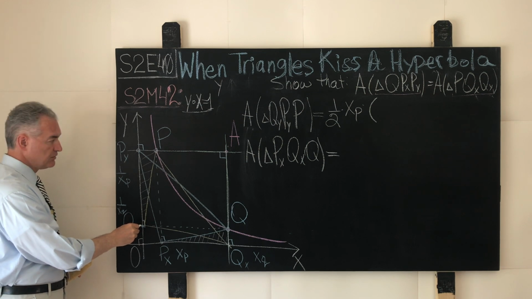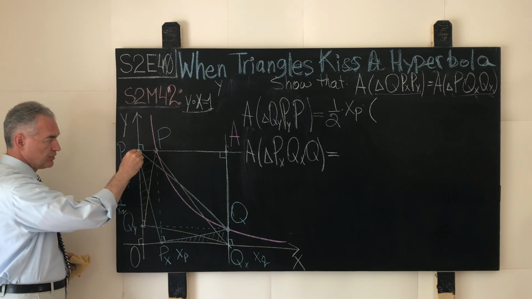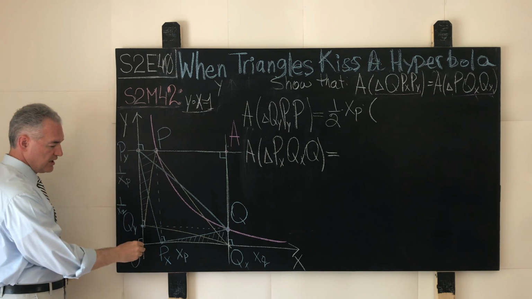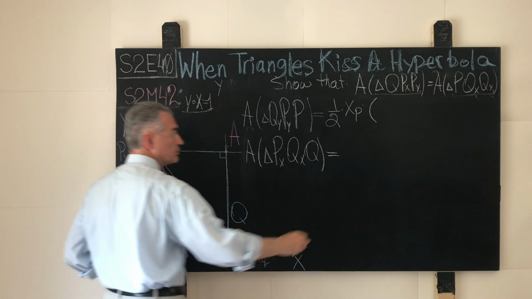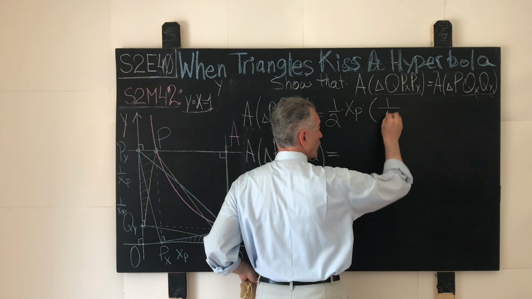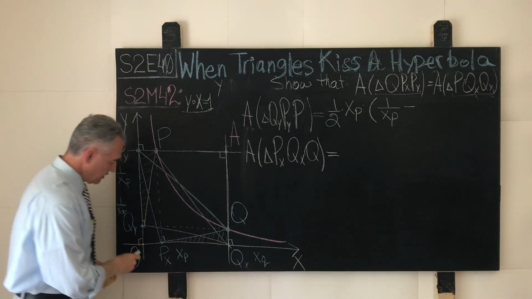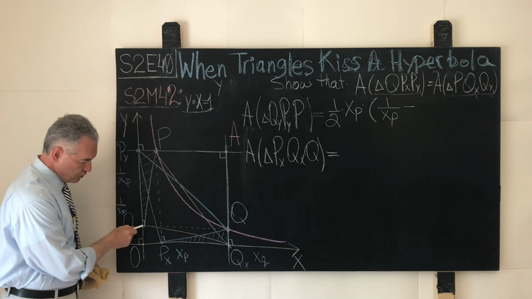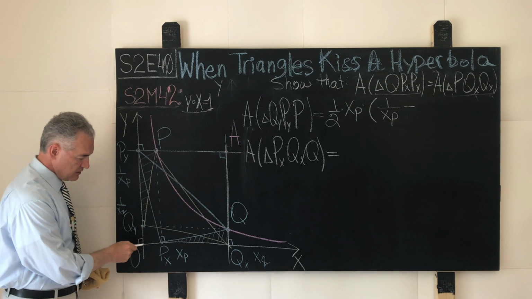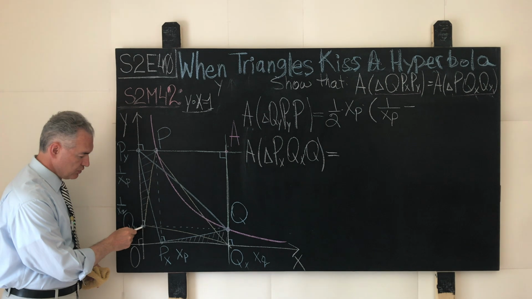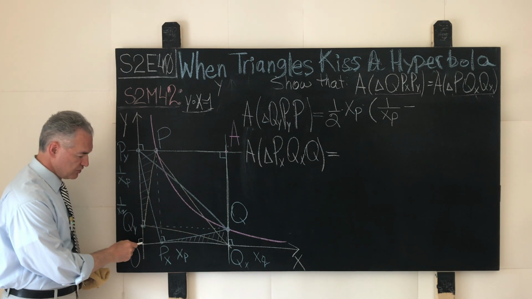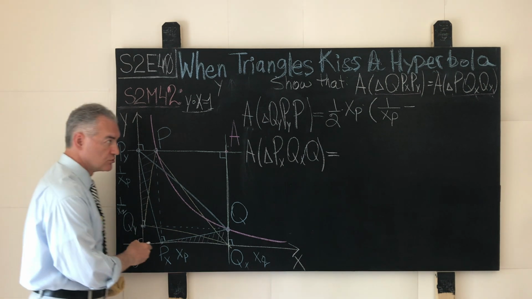The difference between the height of the point PY above the x-axis. So this will be what? 1 over xp minus the length of the line segment OQY, which is the vertical displacement of the point QY above the origin. So this will be 1 over xq.